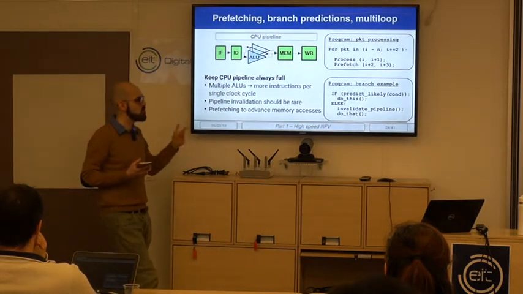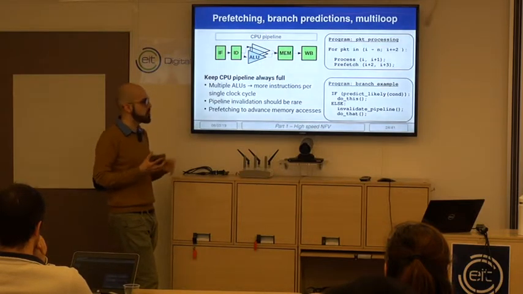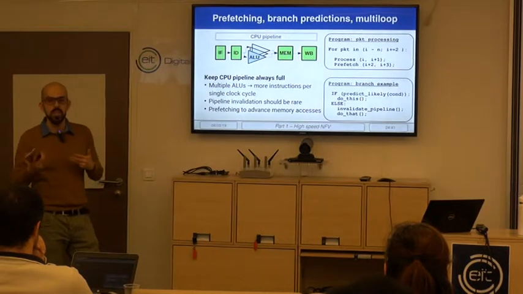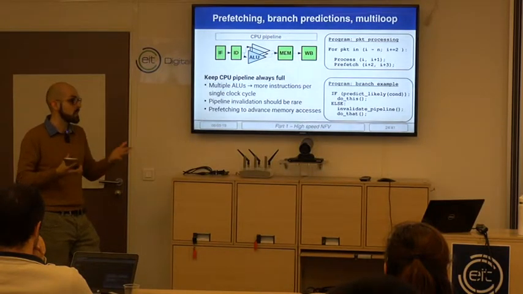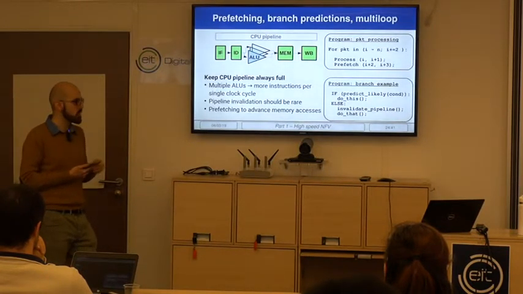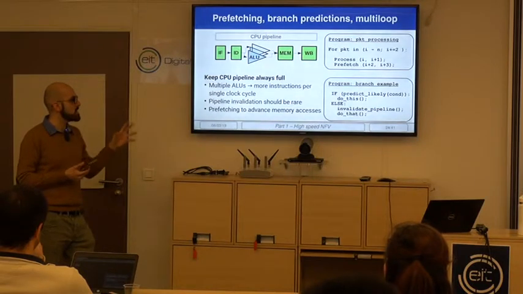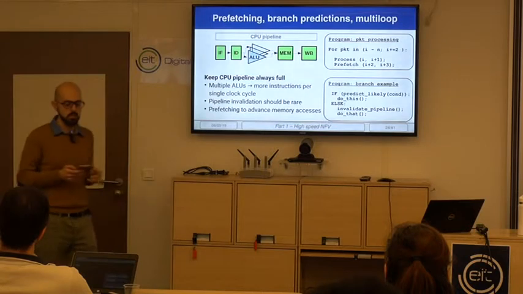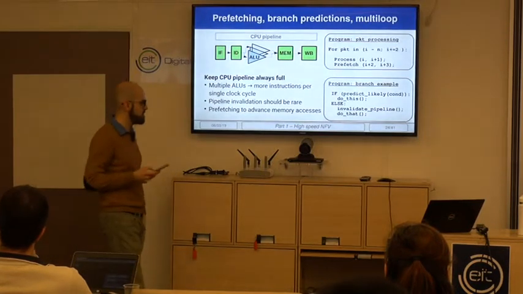And we can even do something more fun, like predicting branches, that is, predicting the most likely condition that is going to occur, to give hints to the compiler so that the pipeline is always full and always used at its maximum potential.